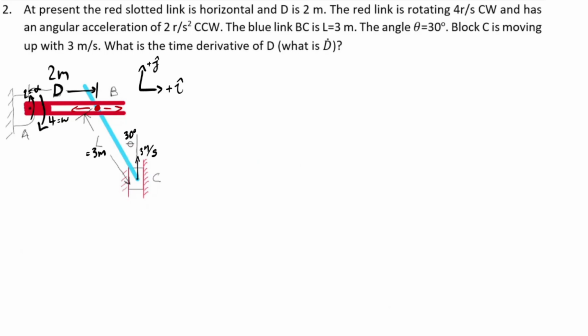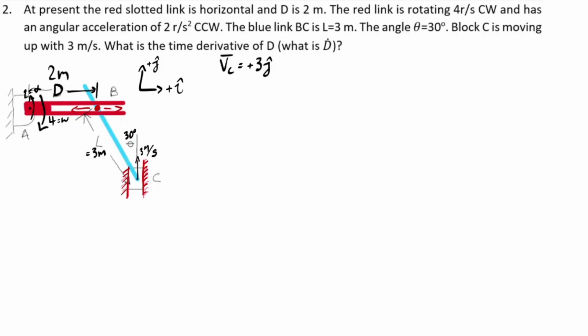Continuing on, we know that the velocity of C was given, and that's only going to be a plus 3j. We know it's only in the j because of the constraints that this thing has on its sides. It's in this weird little slot where it can only go up and down. It can't go left and right, so there's going to be no i component. So this is going to be fully in the j.